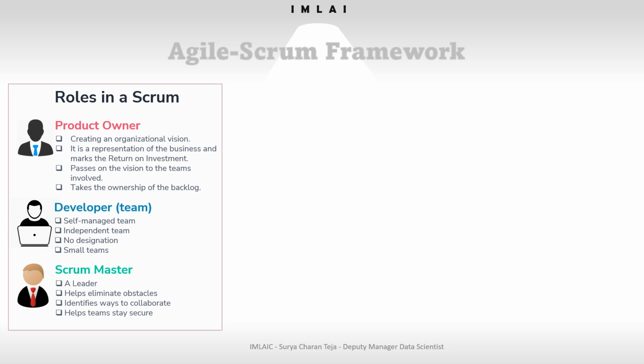He takes care of a lot of things, but there is no specific authoritative hierarchical structure in Scrum. So everybody has to do their work. It's a flat organizational structure framework that has been built. That is Scrum.